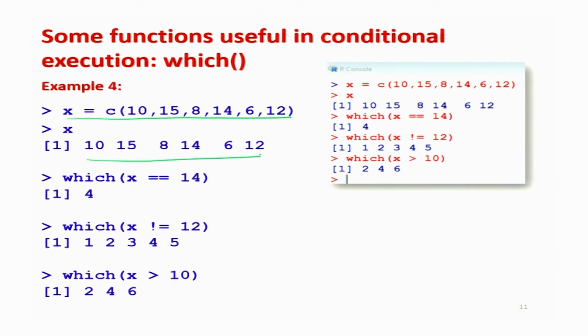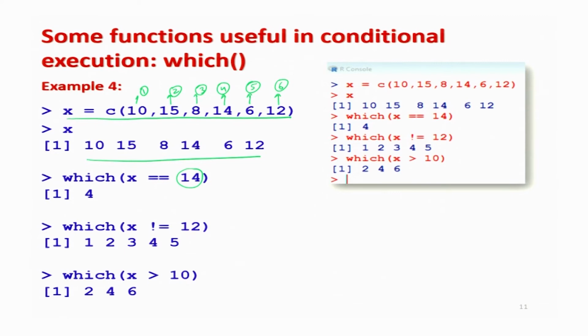Now, I want to know at which place we have the value 14 in this data vector. You can see 10 is at location number 1, 15 is at position number 2, 8 is at location number 3, 14 is at location number 4, 6 is at location number 5 and 12 at location number 6, right.